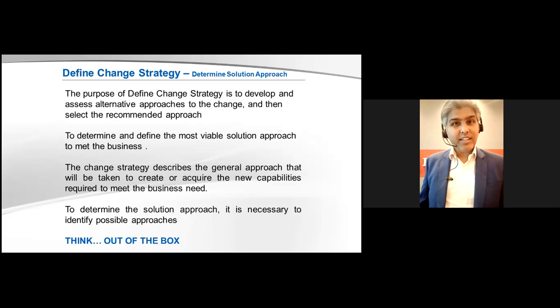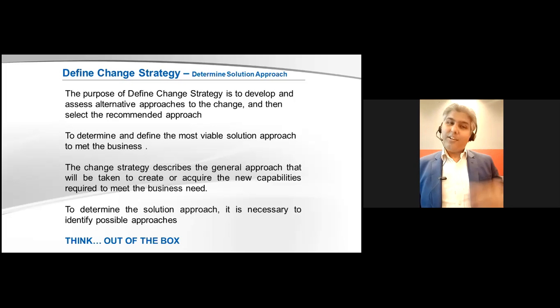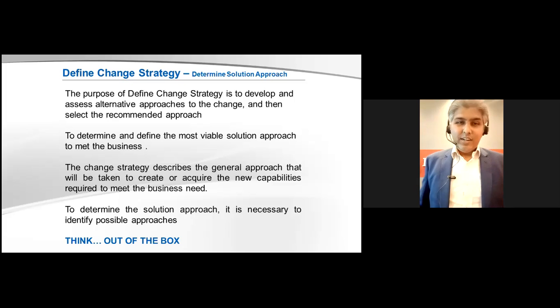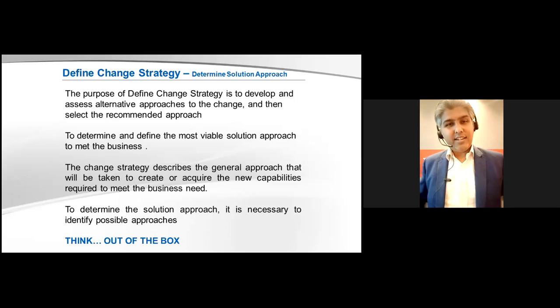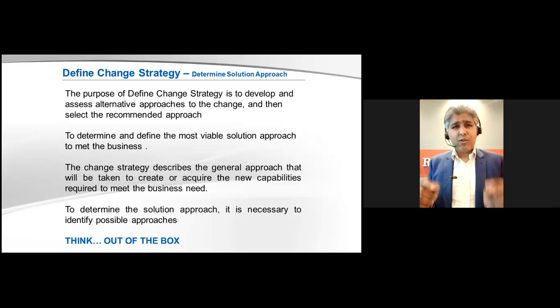If you are in development, or outsourcing your development, you will always think about getting it developed. Then if you are aware of the different technologies available in the market, you will definitely go for finding the right vendor and buy something ready-made. So you have to think outside the box about what could really be helpful, what could be the right strategy.